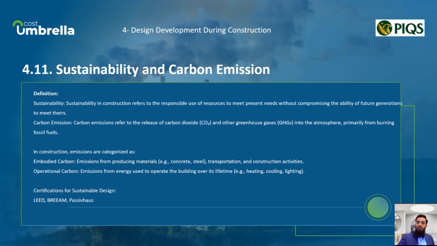To recognize and encourage sustainable building practices, several certifications are used globally, such as LEED, BREEAM, and Passive House. These certifications help guide our design and construction strategies to be more sustainable and efficient. Sustainability is crucial throughout the design stages.